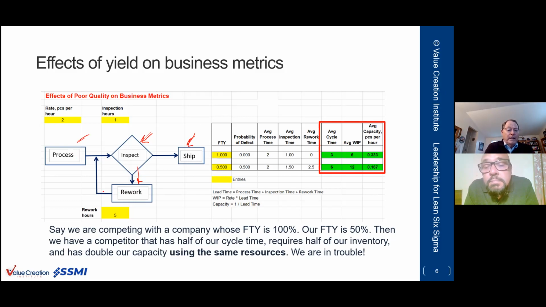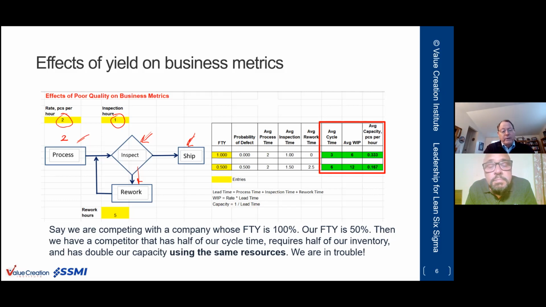So I'm saying that we're producing 2 of these units per hour. So that's the rate. And this is assumed to be also 2 hours to produce a unit. And when we inspect it, these are just assumptions. It takes an hour to inspect the product or the service.